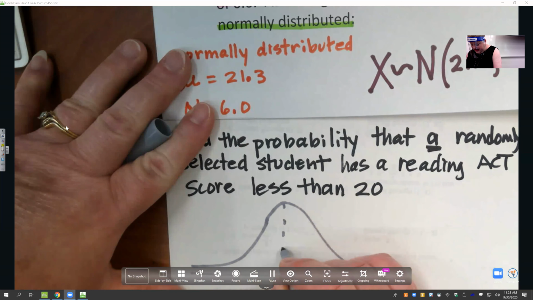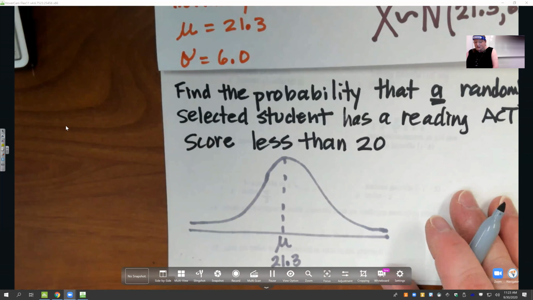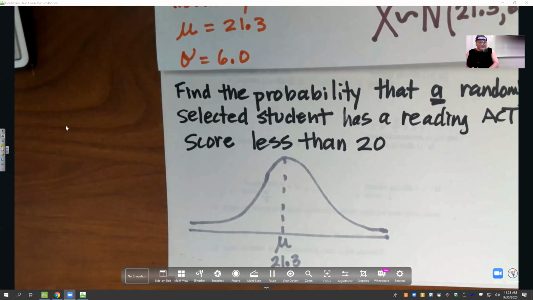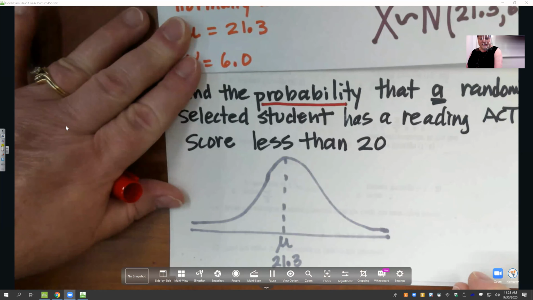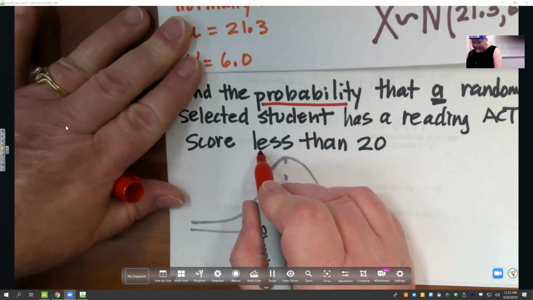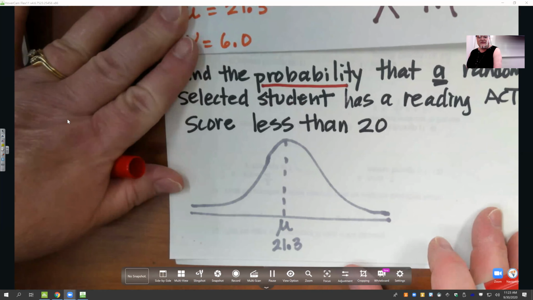We label the mean, which is given to us as 21.3. Now I know the standard deviation is 6. I don't really label it anywhere on the graph. Then it says find the probability, so I know I'm looking for a probability that it's less than 20. So I want to finish drawing this picture.